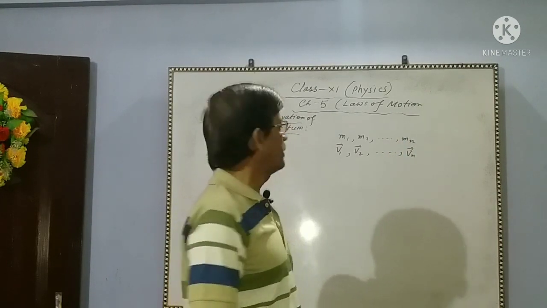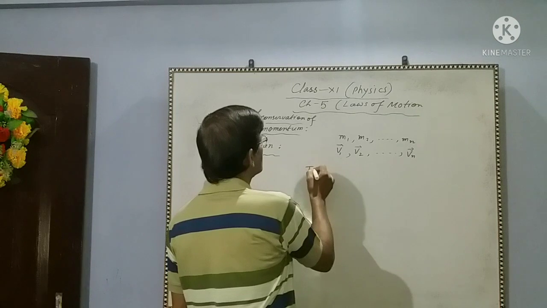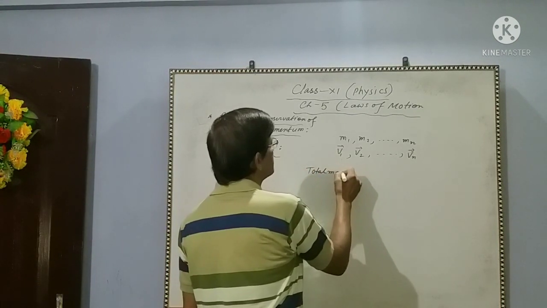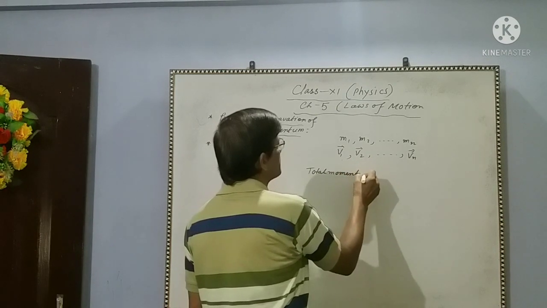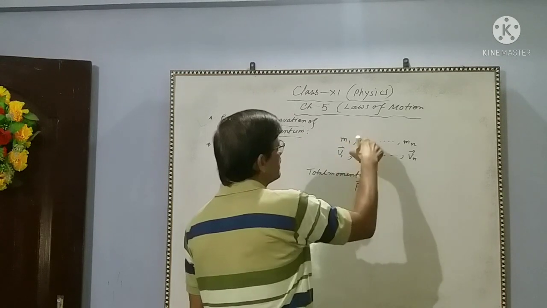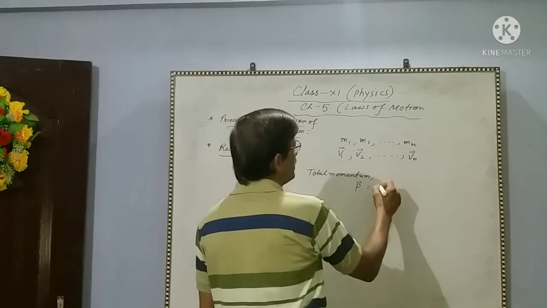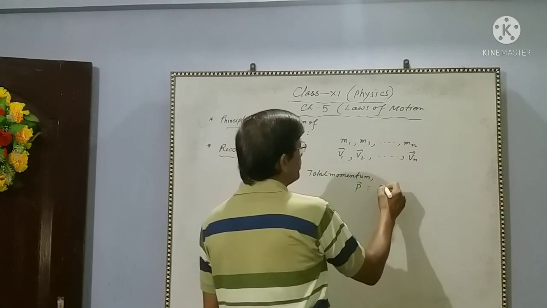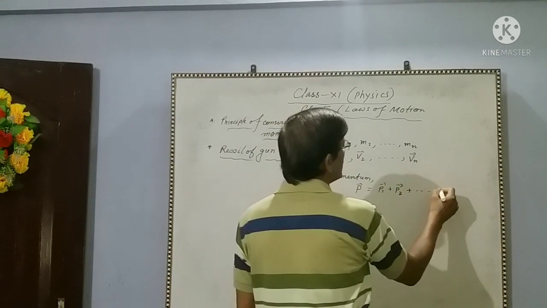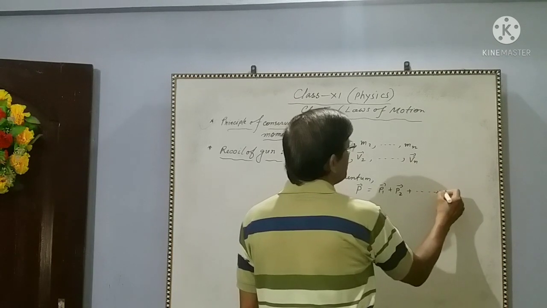So what will be the total momentum? P equals P1 plus P2 plus up to Pn.